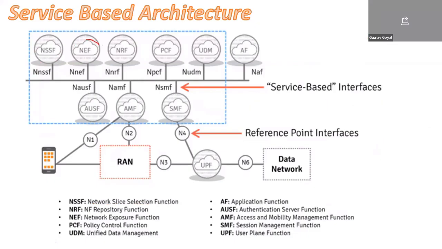Then we have NEF, which is the network exposure function. Its main function is capability exposure. It is used by external network entities to interface with the 5G core network. The third one, which is most important, is NRF, the network repository function.